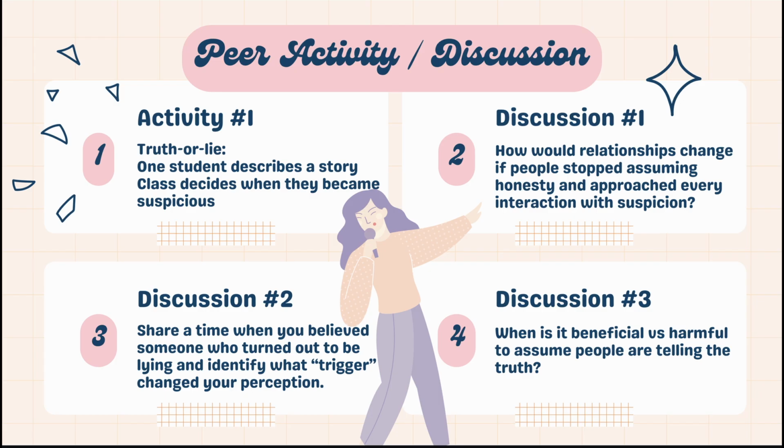The third option is a reflection-based discussion where students share a time they believed someone who turned out to be lying and identify the specific trigger that changed their perception. The final option is a discussion about trust and judgment. When is it beneficial to assume people are telling the truth, and when can that assumption be harmful?